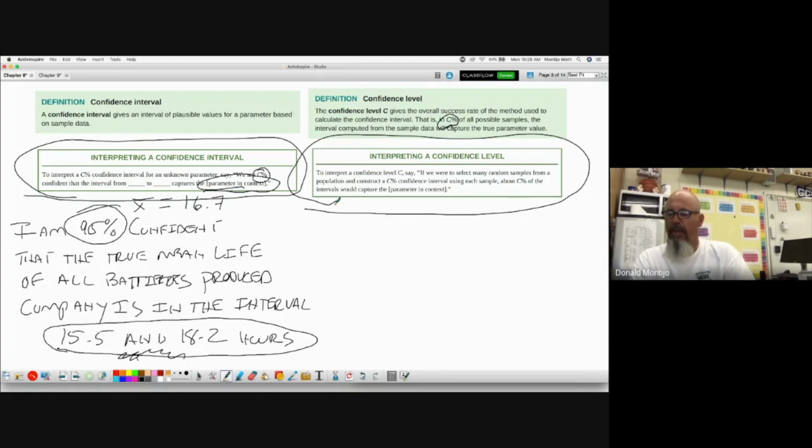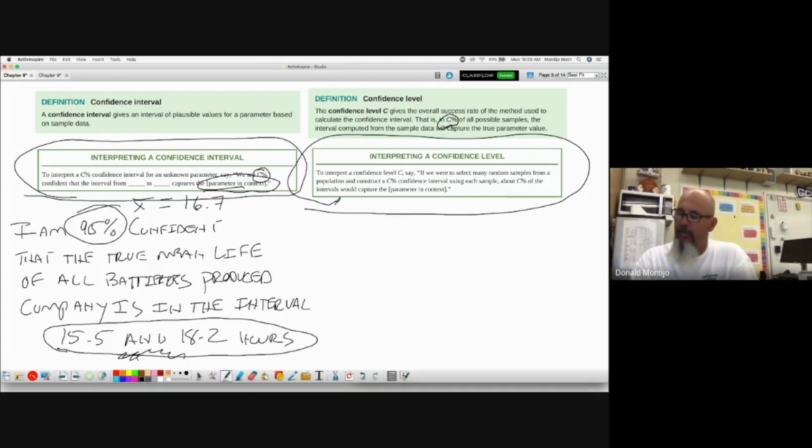So if we use the battery example again, I could say that I am 95% confident that the true population parameter, but remember, we need to give it context. So I am 95% confident that the true mean lifetime of all batteries produced by this company in this factory is between 15.5 and 18.2 hours.